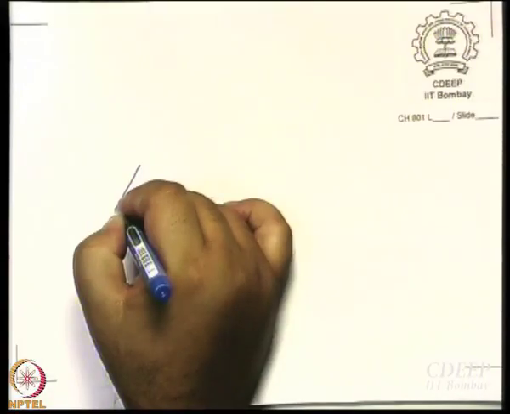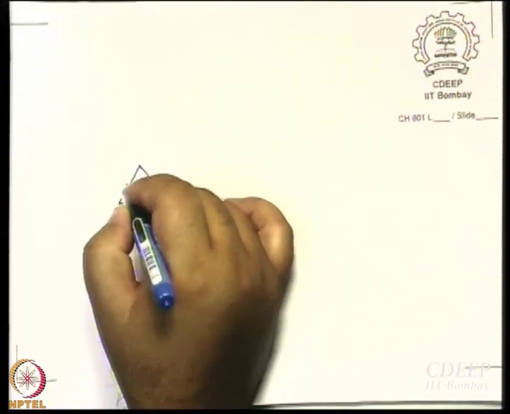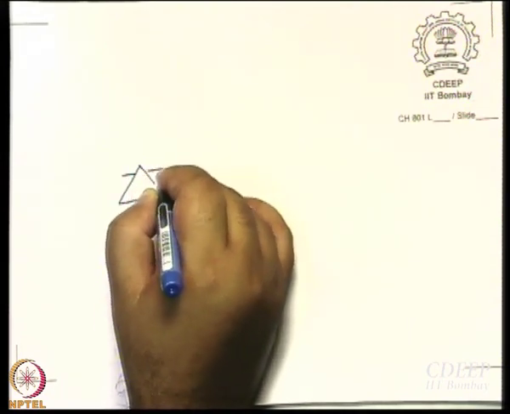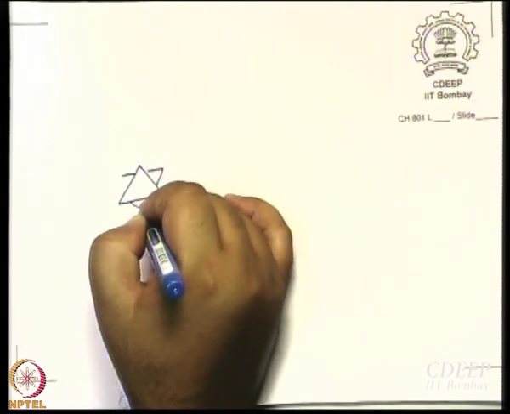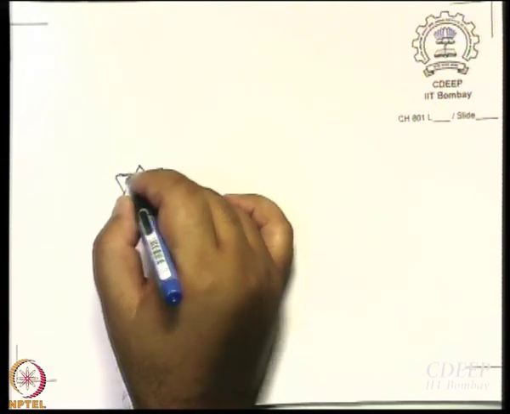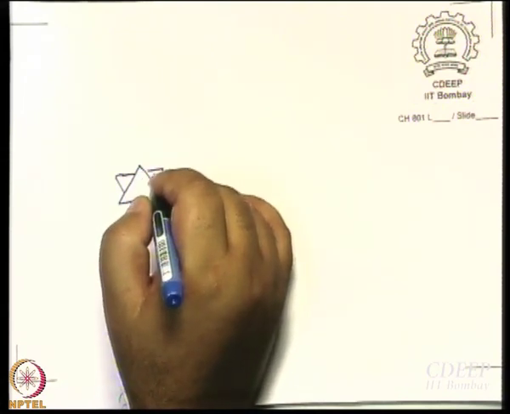Okay. Now can you try the C3s? Don't forget where the C3s are. What is the easiest way of working with C3s? By drawing that Star of David. Okay, these are not bonds, they are just guides to the eye, okay?